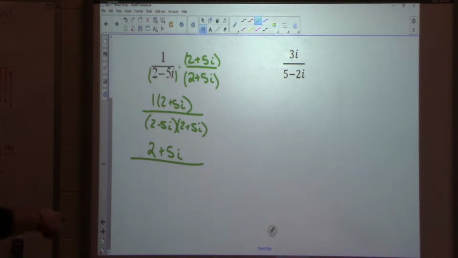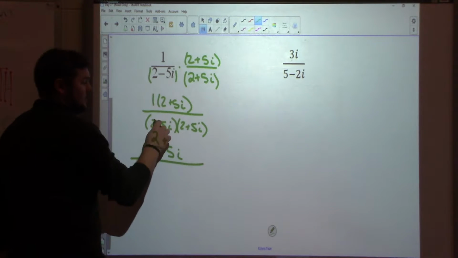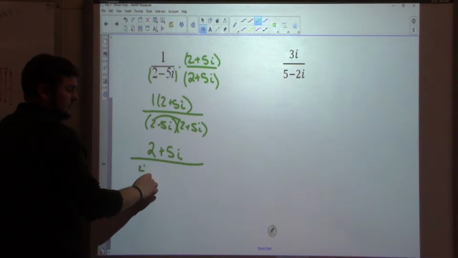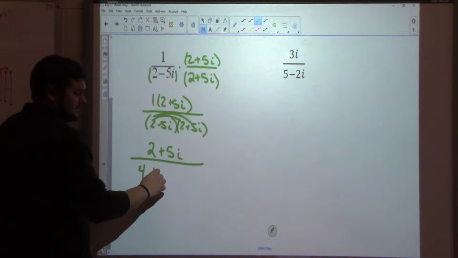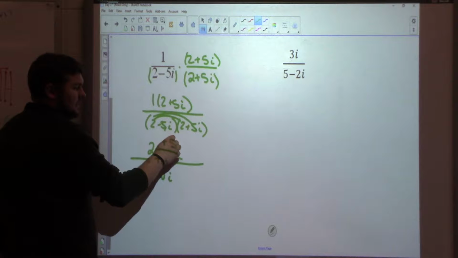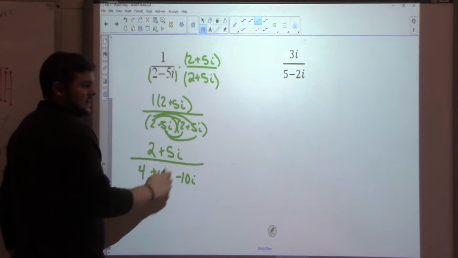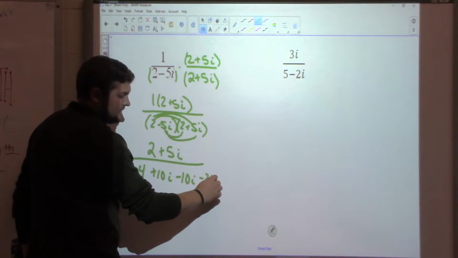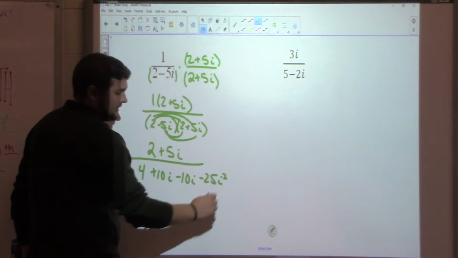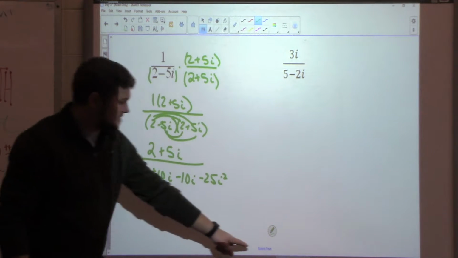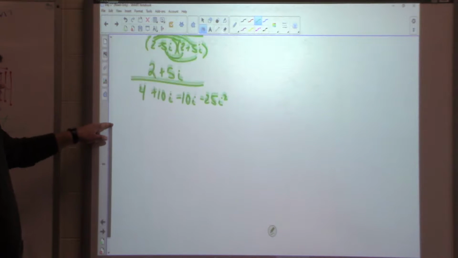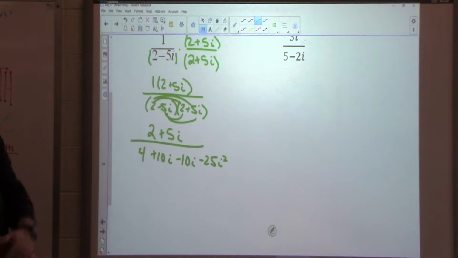FOIL. 2 times 2 is 4. 2 times 5i is 10i. Negative 5i times 2 is minus 10i. Negative 5i times 5i is minus 25i squared. Alright, so we're good so far. Do we all follow what I've done so far?